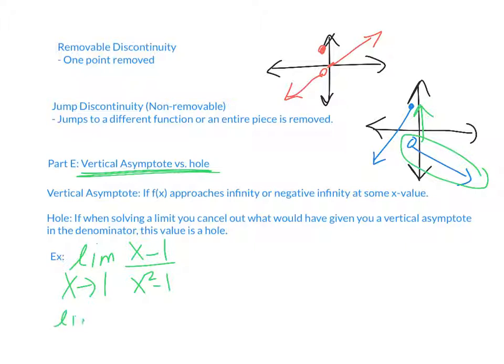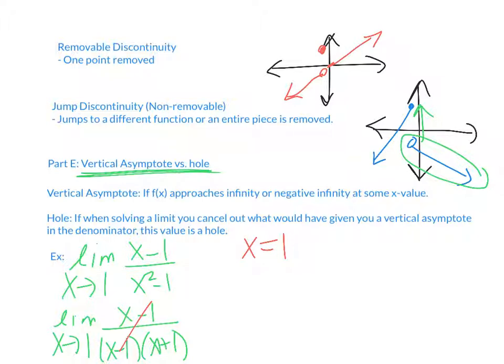I'm going to have the limit as x approaches 1 of x minus 1 over x minus 1 times x plus 1. When you cancel the bottom with the top, that x minus 1 means that at x equals 1, there is a hole. Because I canceled it out. Now there's that missing piece, right?